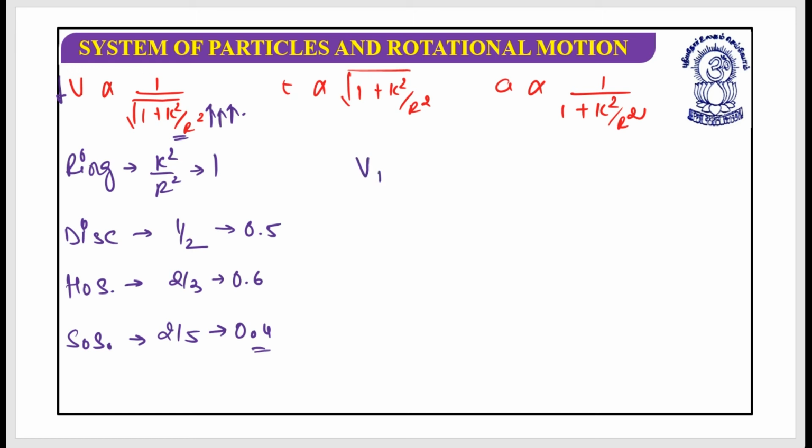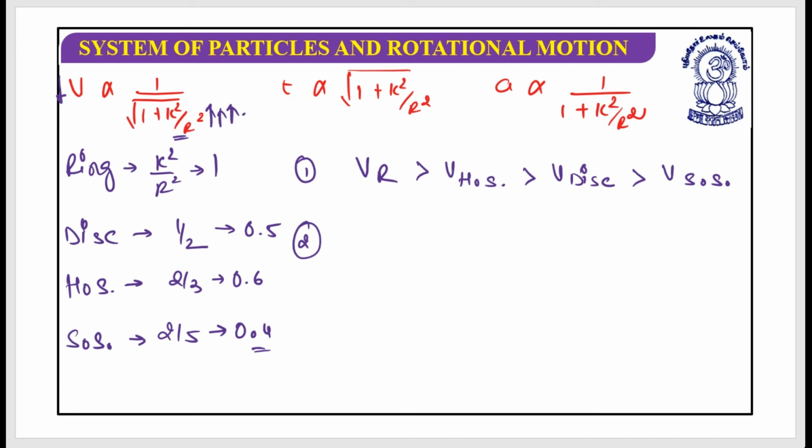It's the velocity of the ring, then the velocity of the hollow sphere, then the velocity of the disk, then the velocity of the solid sphere. This is their velocity in increasing order.